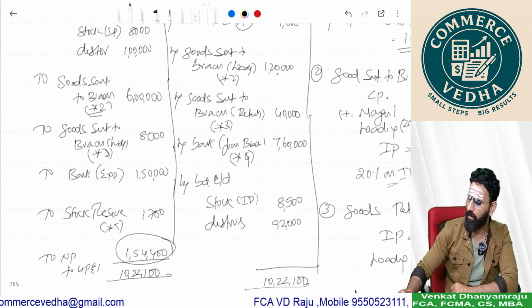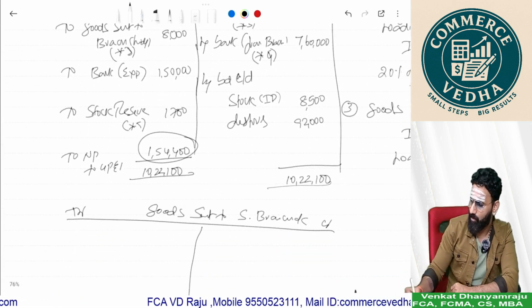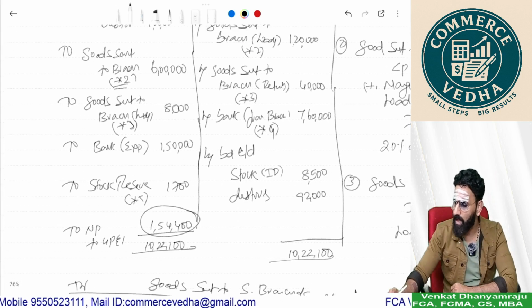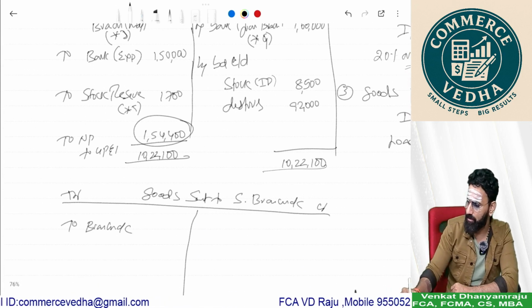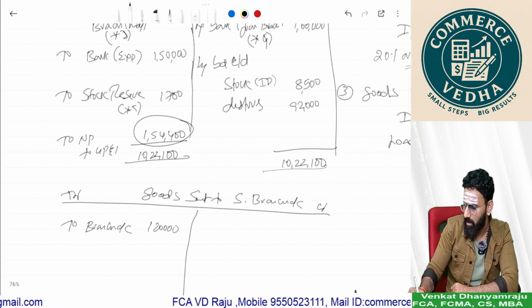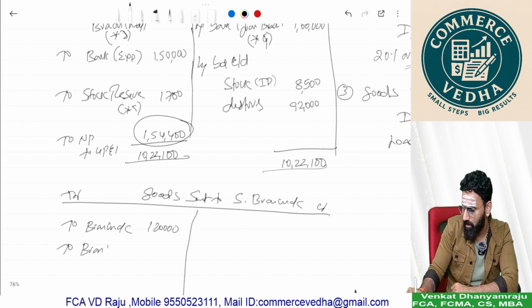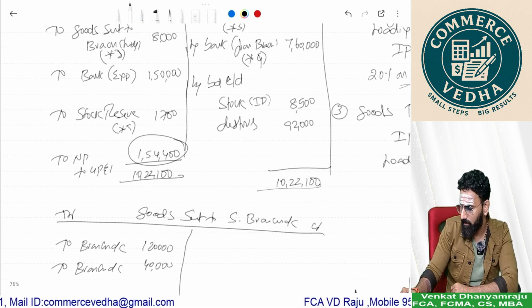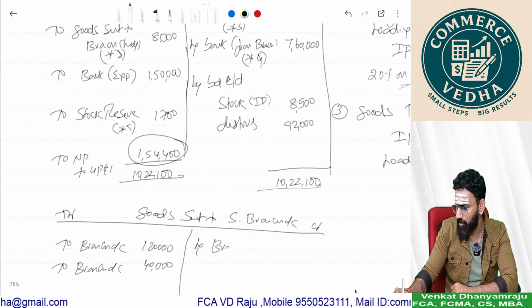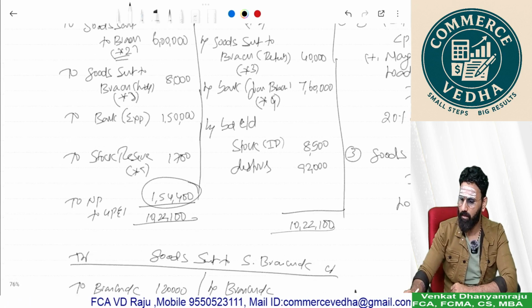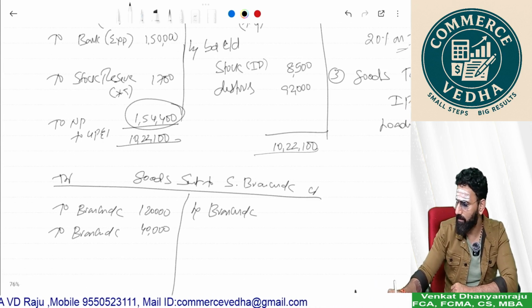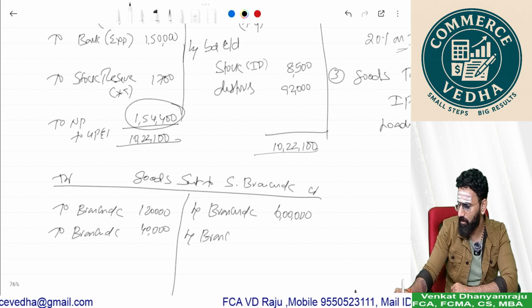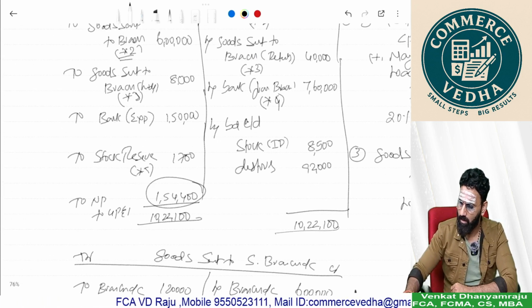So the credits here are to branch, 1,20,000, and again to branch 40,000, and by branch 6 lakhs, and again by branch 8,000.